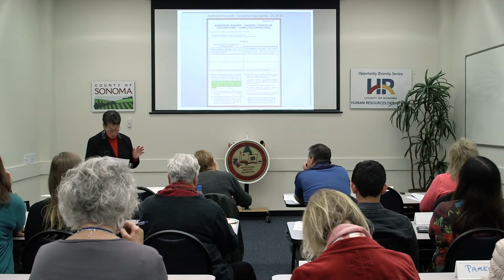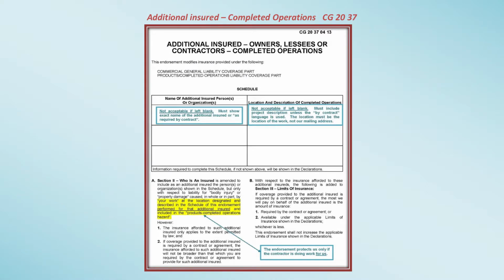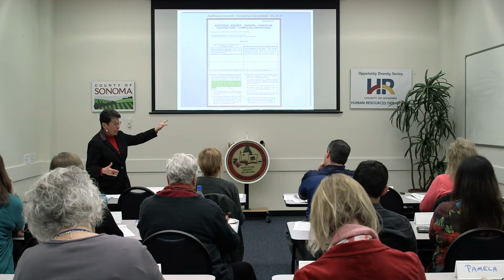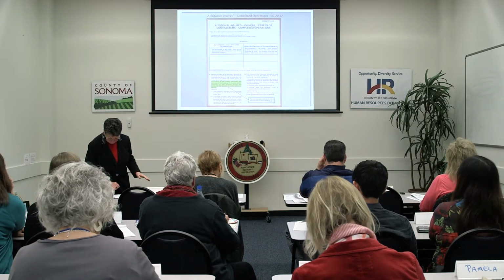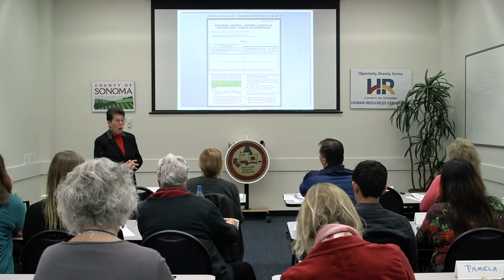We don't need this endorsement. The fields must be filled in, and the same issue, the location cannot be your office, and we will accept the by contract language as required by contract. That's perfectly acceptable. There are some insurers who write their own additional insured endorsements for construction where they combine the ongoing and completed operations in one endorsement.